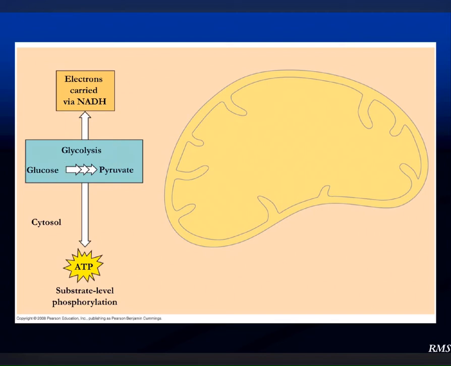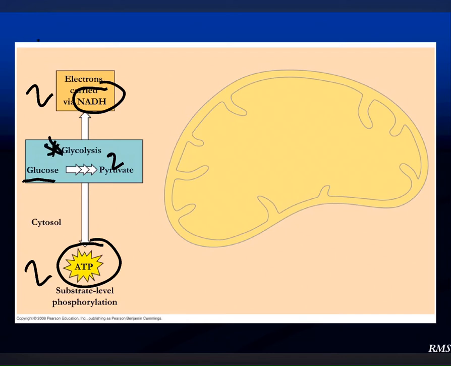So in the cytoplasm of the cell, glucose being converted into 2 pyruvate is glycolysis. The other thing that's coming out of this are NADH molecules. And remember, they're electron carriers. And there's 2 of those coming out. And there's also ATP coming out, and there's going to be 2 of those. So 2 ATP, 2 NADHs, and 2 pyruvate going from the breakdown of glucose, and that is glycolysis, and once again it's in the cytoplasm.